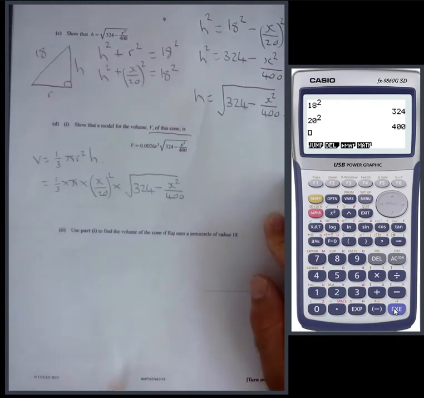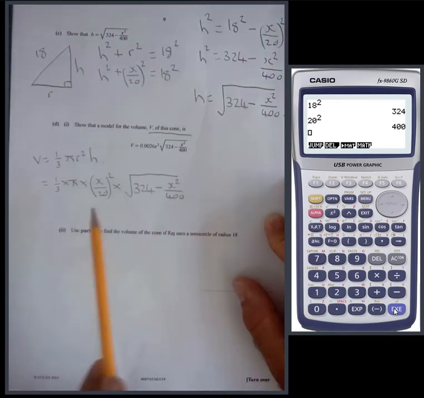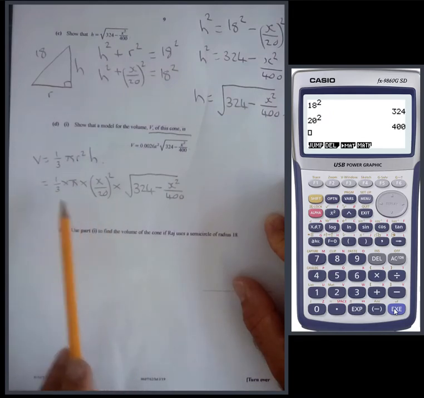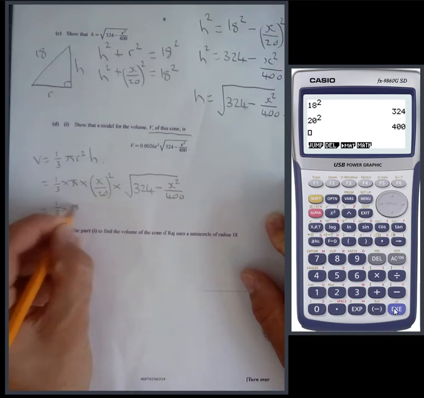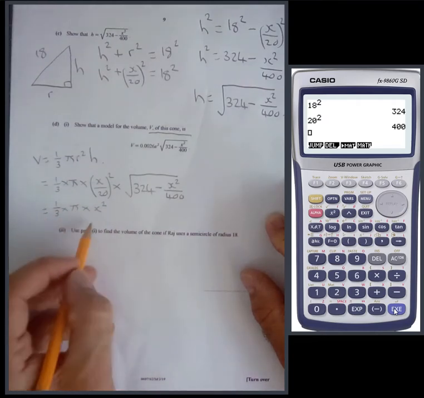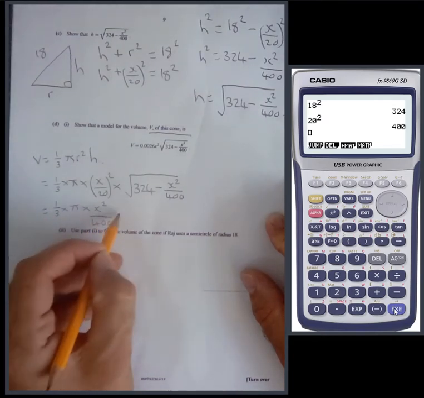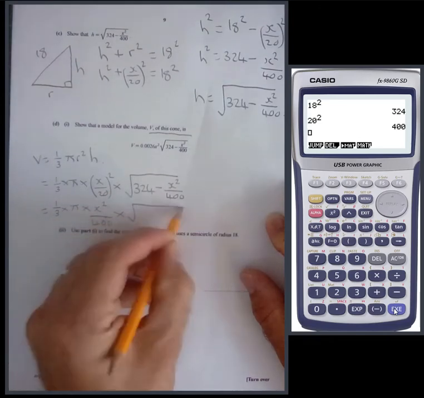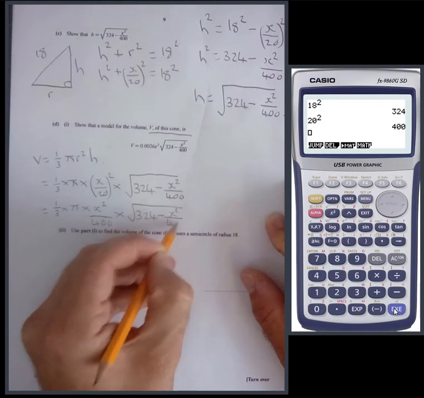So if you look at what we're aiming at, this bit's fine. I don't need to do anything with that. I just need to sort this out really. So that equals 1/3 times pi times x squared over 400 times the square root of 324 minus x squared over 400.